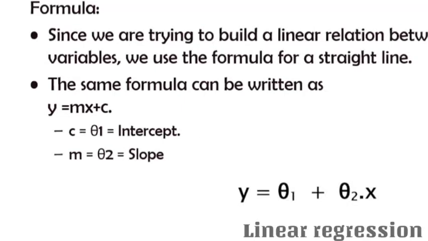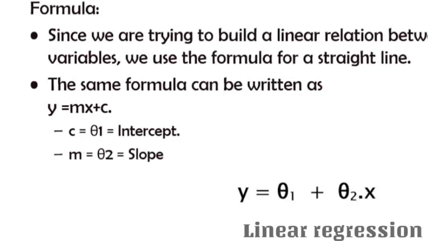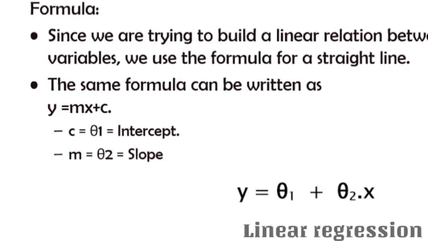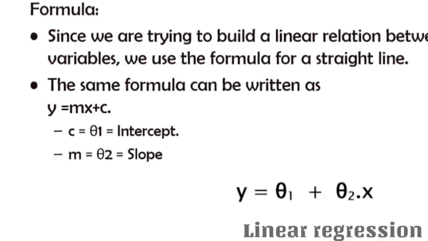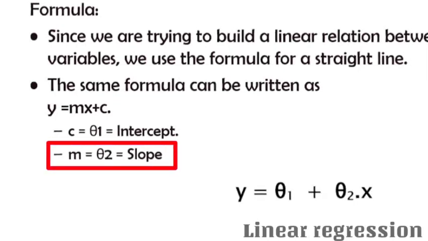Here we can consider y as our dependent variable, that is our target variable, and x as our independent variable, our predictor variable. Theta 1 is nothing but the intercept of the line. It gives an additional degree of freedom. With respect to theta 2 over here, that is m.